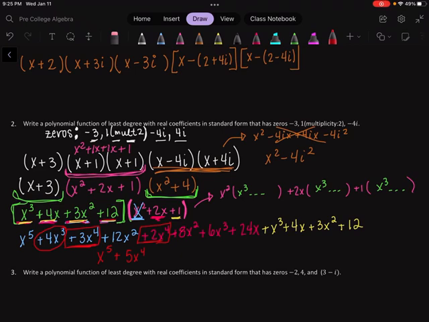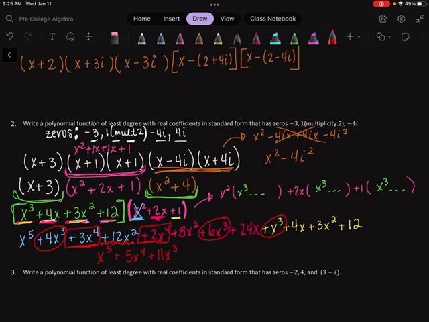What's really nice is that all these things were positive. So we got 4x cubed. We got a cube here. Oh, and we got a cube here. So I'll circle those. 4x cubed plus 6x cubed is 10x cubed plus 1x cubed is positive 11x cubed. And then I'm going to need to do the squares.